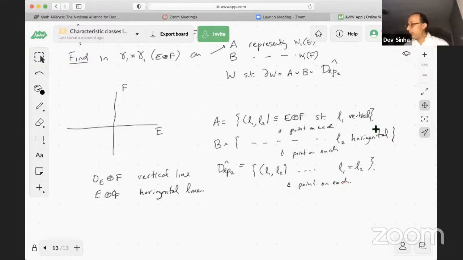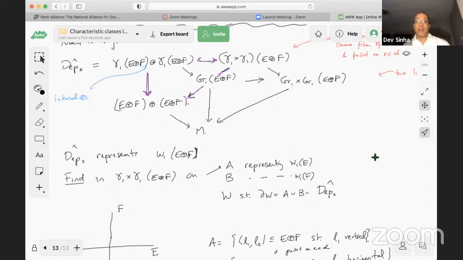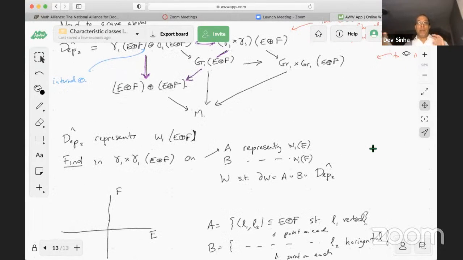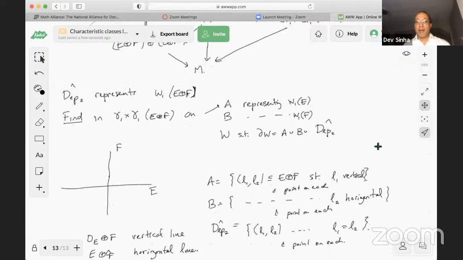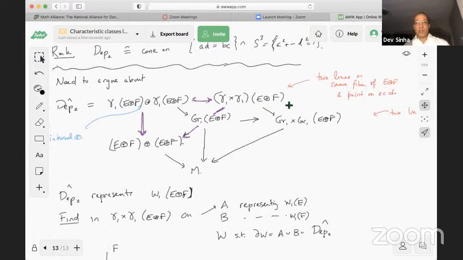So that's our setup. What I want to do is, instead of arguing, I'm getting tired of saying point on each. These are going to come as bundles. So what I'm going to do is argue down in the, not gamma 1 cross gamma 1, but GR1 cross GR1, so to speak.